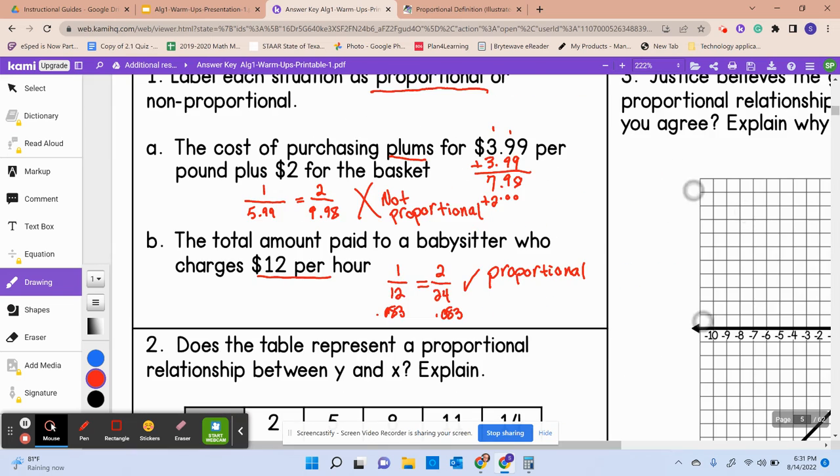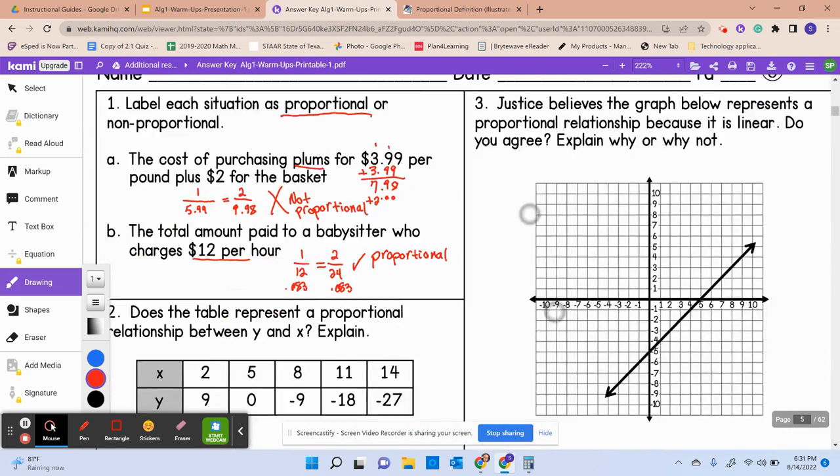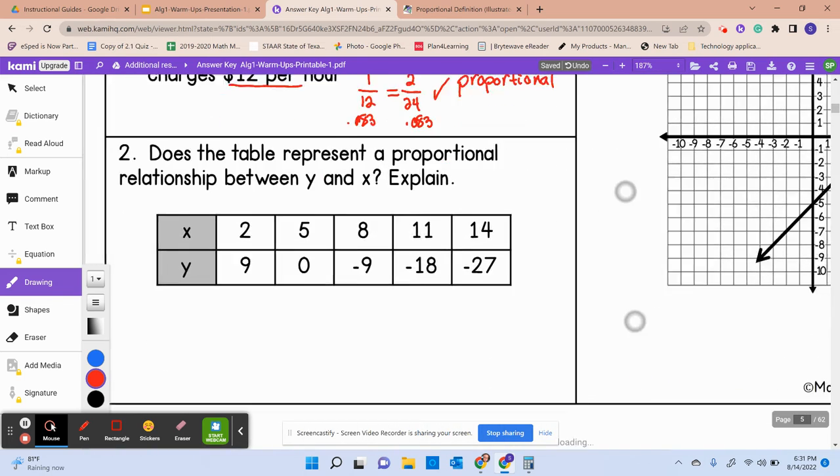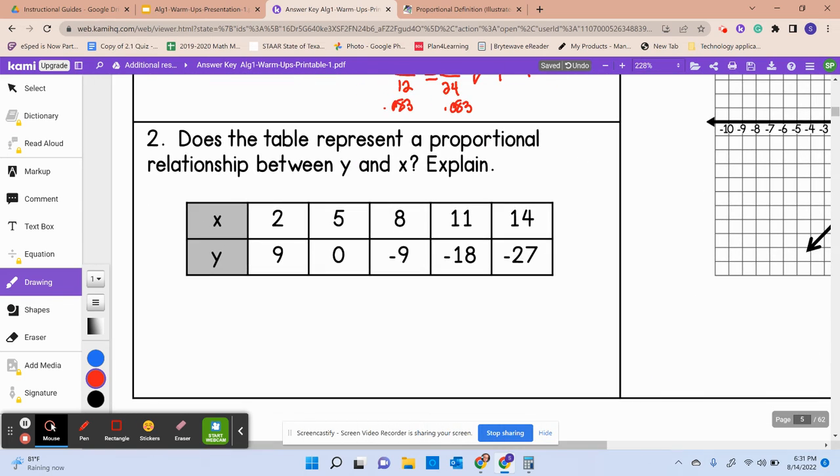Okay. Now this wants us to answer, does the table represent a proportional relationship? So let's think about it. If it were proportional, then you can look between two relationships and see over here.